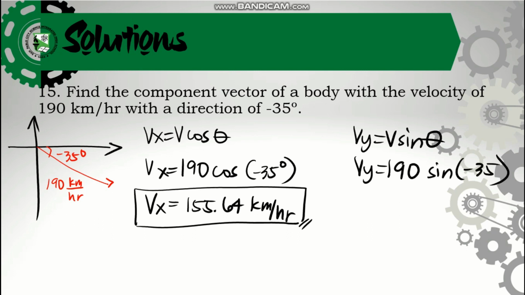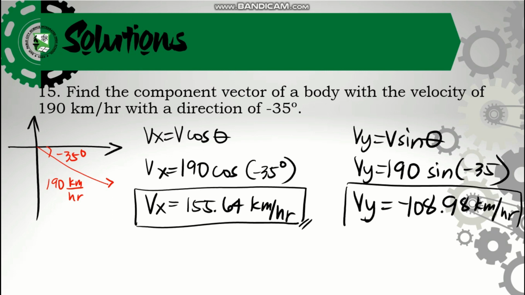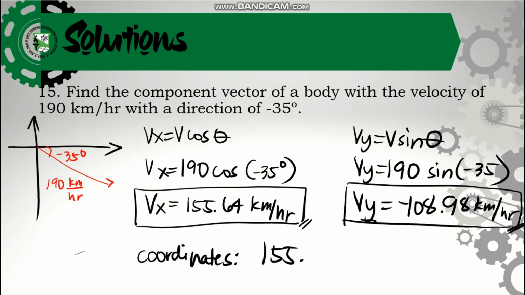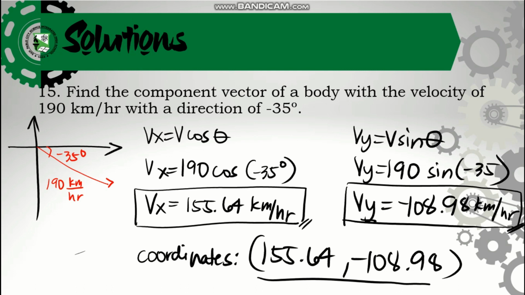While in Vy, 190 sine negative 35 is equal to negative 108.98 km per hour. Okay. So this is the x and y component. Let's say the question is give the x and y component. Ito lang naman po yung gagawin nyo. Don't forget the unit. Okay, and then for example, ang hinihingi ay coordinates. You're just going to put it in the coordinate form even without the unit.